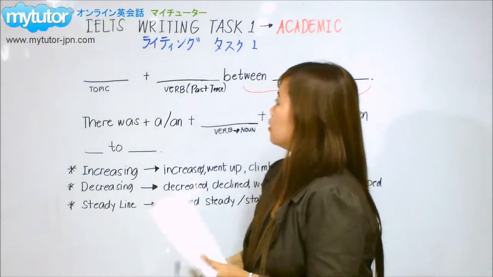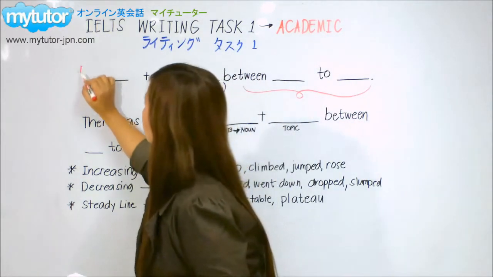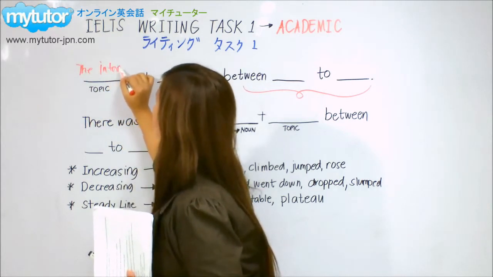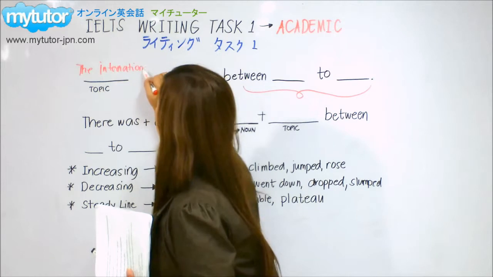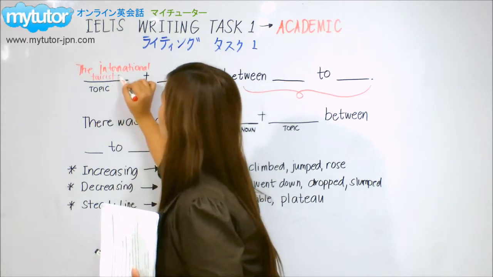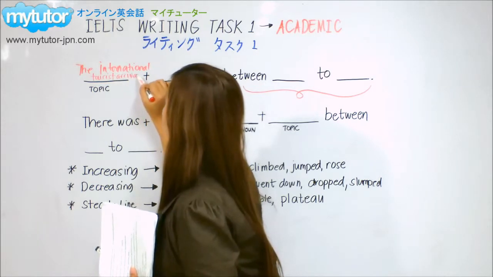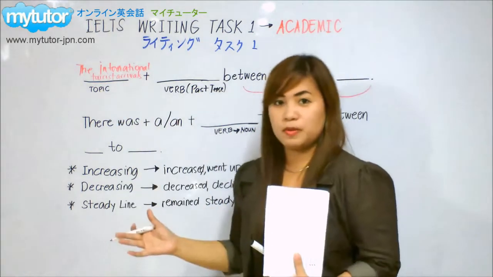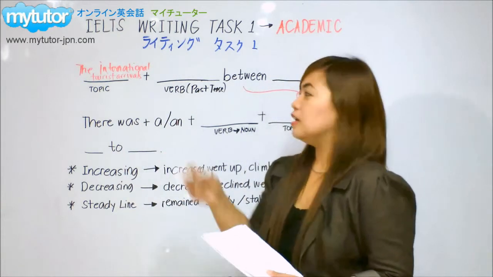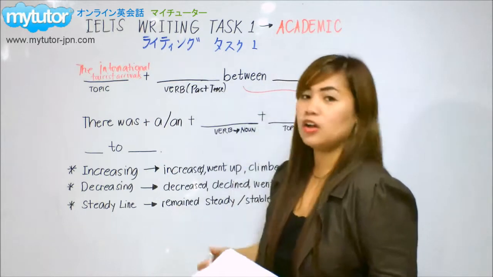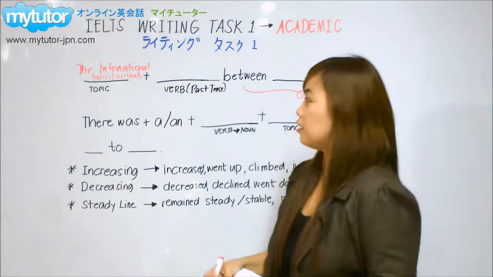For instance, you can say the international tourist arrivals. It could be sales of cars in Japan, or number of units sold, depending on which one you get.